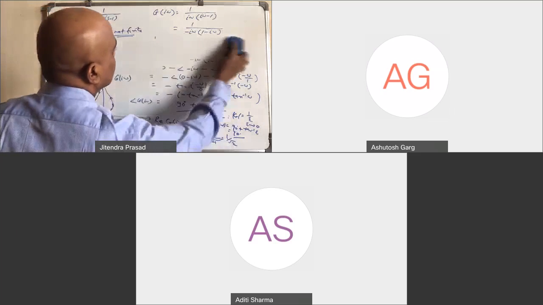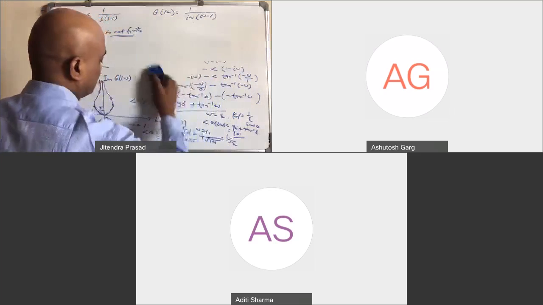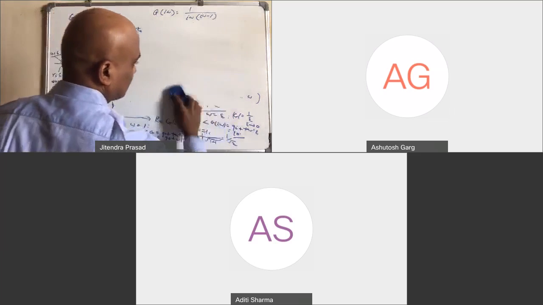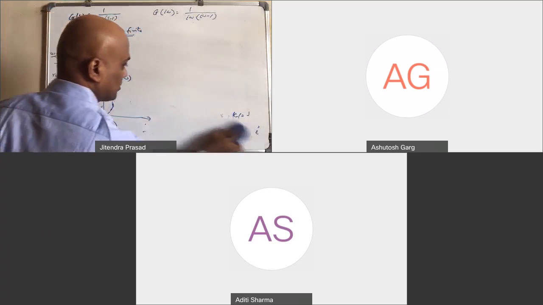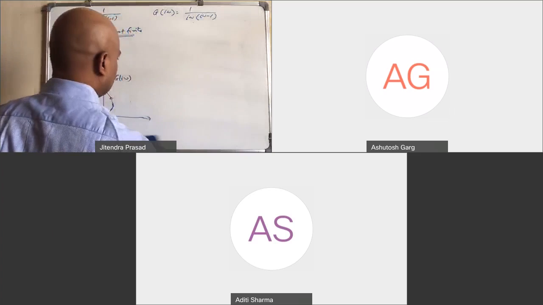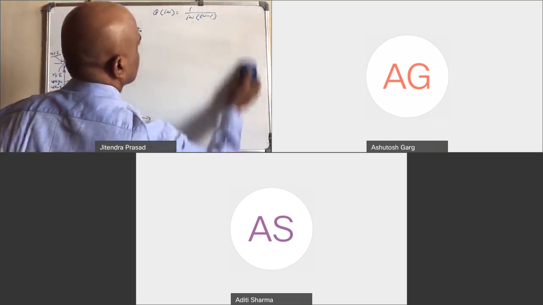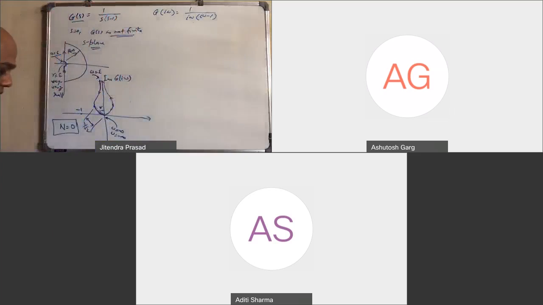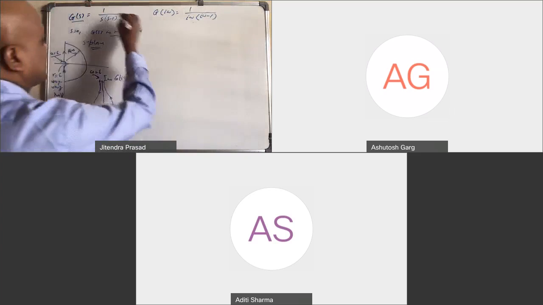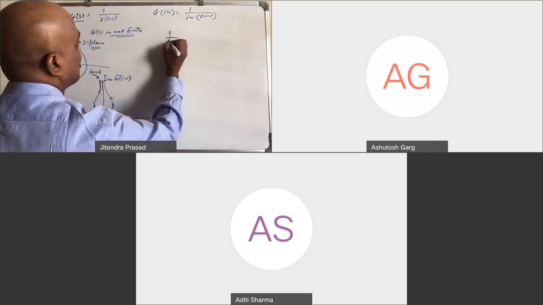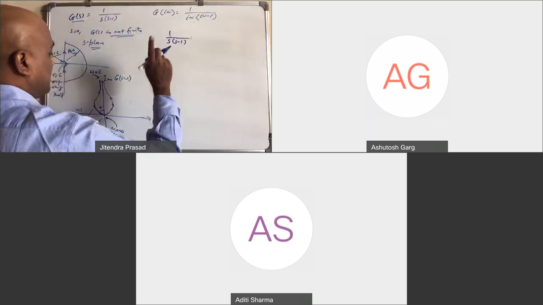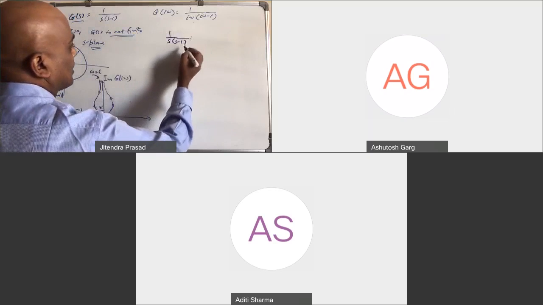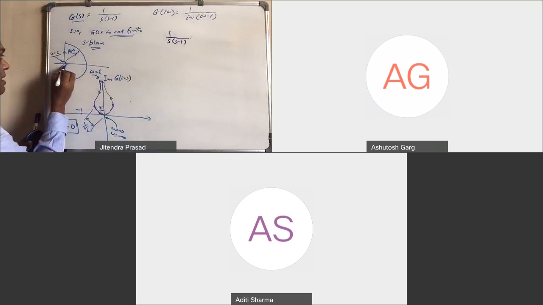Now, looking at this one, we know that 1 over s is -1. Although we have moved this side, right?